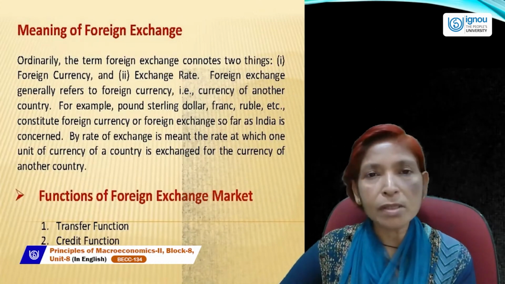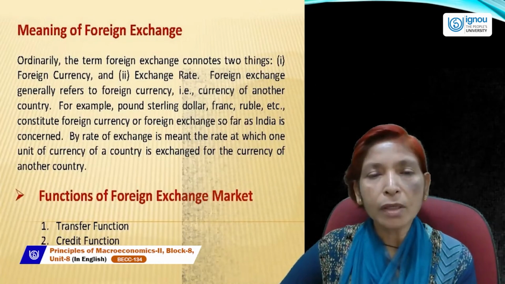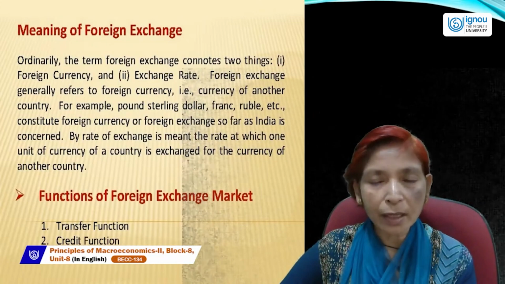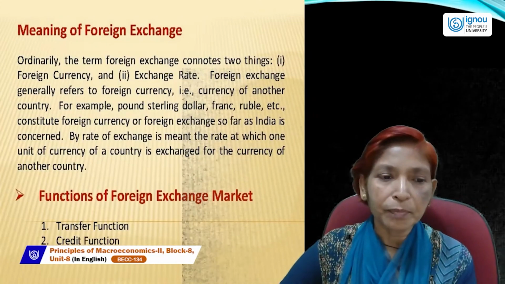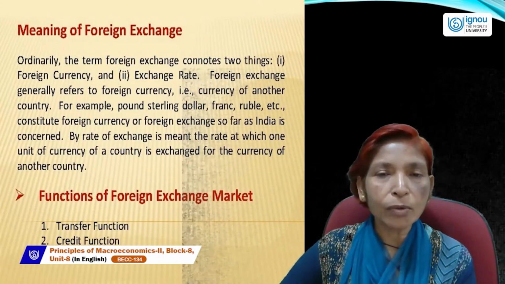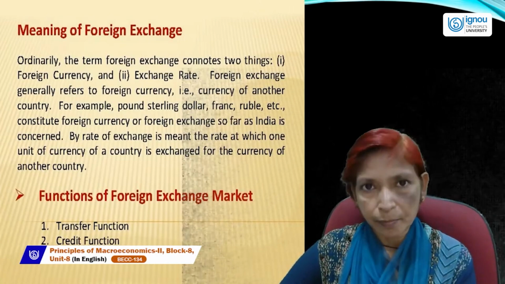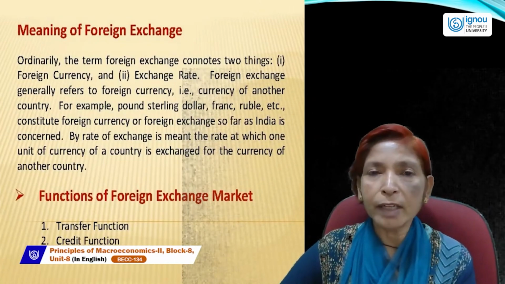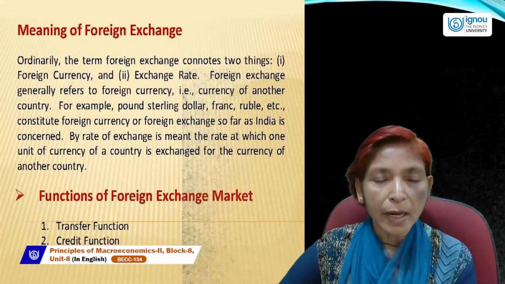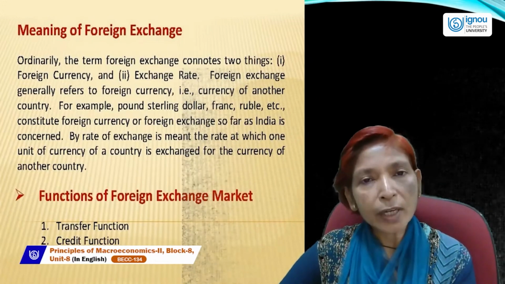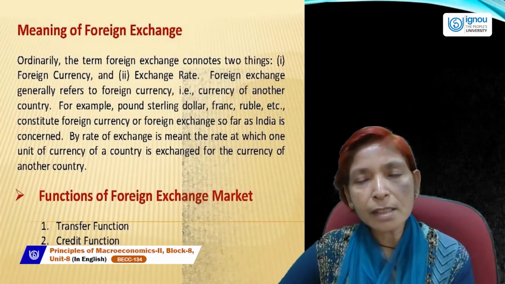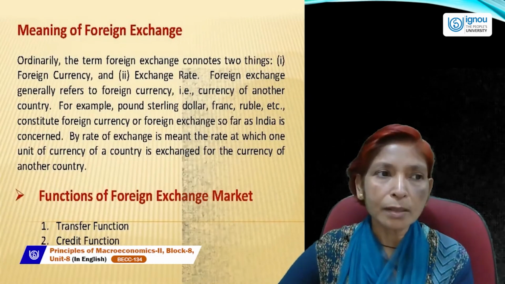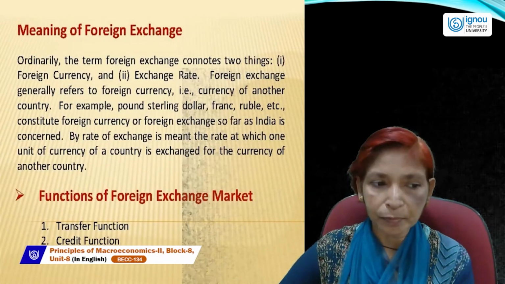There is no system of barter or trade with goods and services existing in the economy. Each and every country is doing trade with money. But the currency is different in different countries, and the rate at which we can convert one country's currency into another country's currency is called exchange rate.